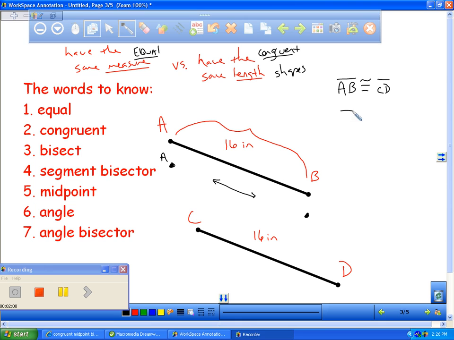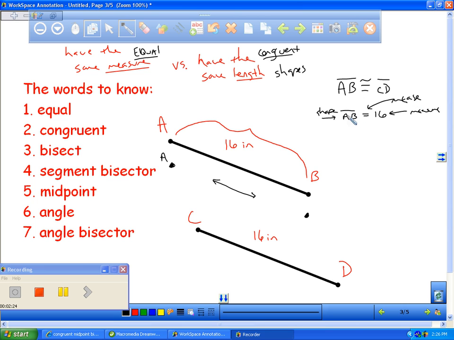I cannot say that the segment AB is equal to 16 because this right here is talking about shape, where this right here is talking about measure. So a shape cannot be equal to a measure.